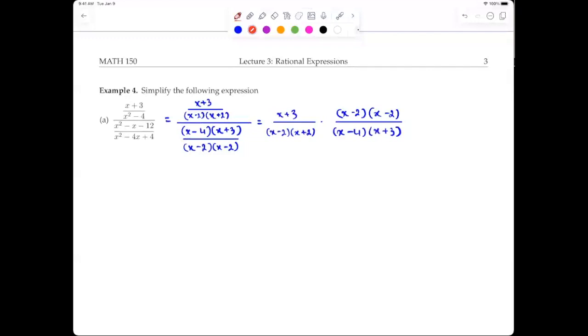So there are quite a few terms here. Let me start with the top. (x minus 2)(x plus 2): x minus 2 different from 0, x plus 2 different from 0. Then move on to this denominator, (x minus 2)(x minus 2), but we already have this x minus 2, so we're good.